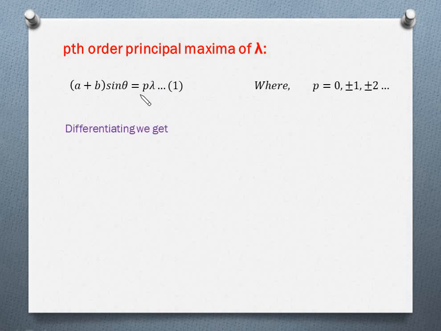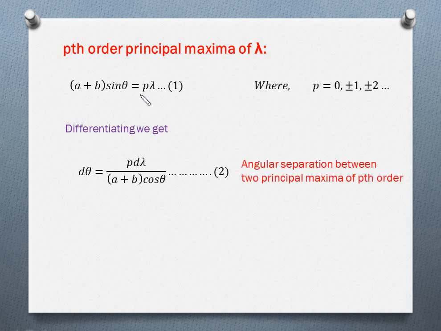Now we can differentiate this equation. So in equation 2 we will have d theta equals p d lambda divided by a plus b cos theta. This d theta is nothing but the angular separation between two principal maxima of pth order.